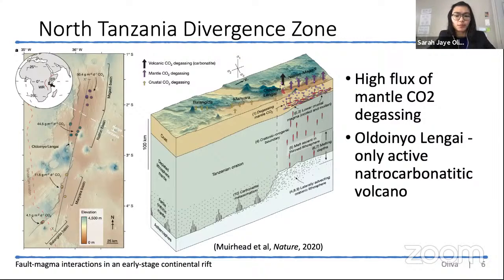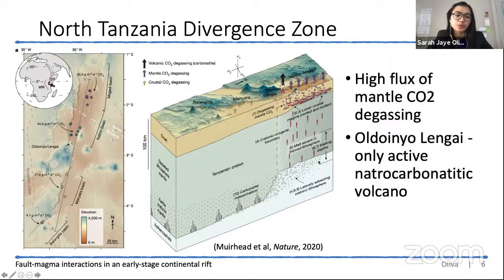And this carbon, what we think, must be sourced from laterally advected cratonic lithosphere that finds fluid pathways to the surface that result in the elevated levels of diffuse soil degassing. I should mention that this is the Tanzanian craton right here, hence it is much thicker.